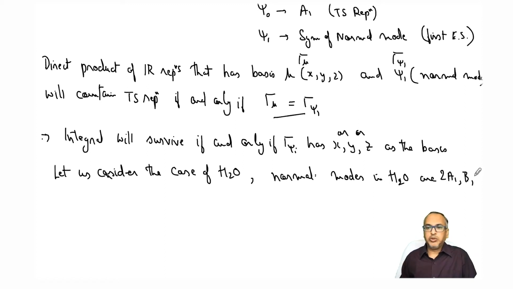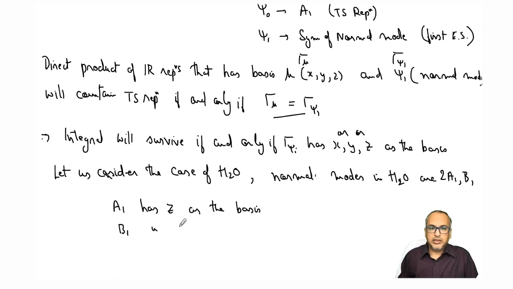So two a1 modes are there and one b1 is there. Now let us find the basis of a1 and b1. a1 has z as the basis and b1 has x as the basis.